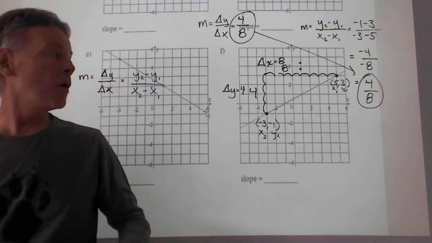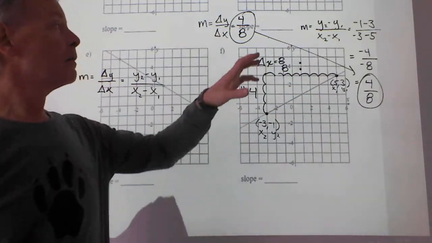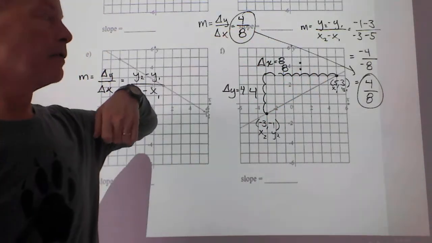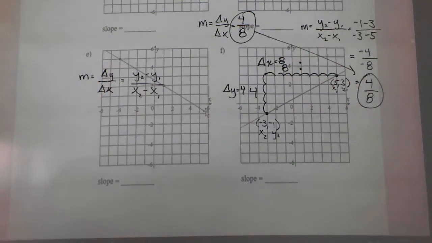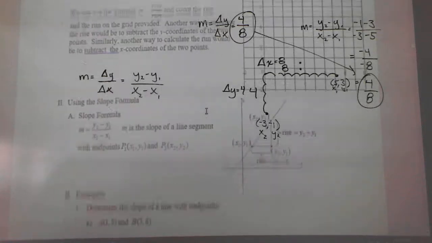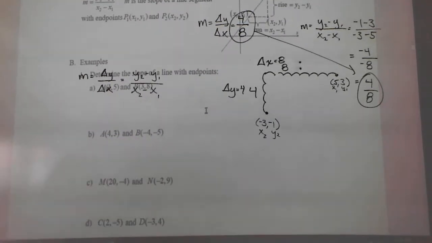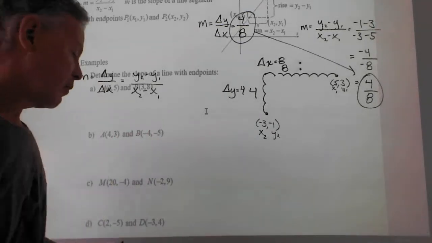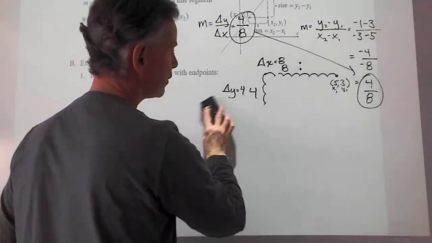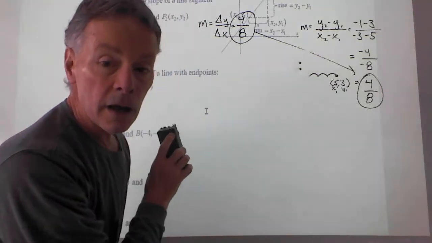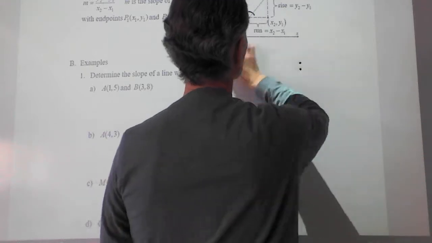Okay? So, when you actually have a graph you can look at, this is probably the easier one to use. If you're just given 2 points on a line, like with these ones, then you've got to use the kind of more drawn out one. So we'll do one of those, and then we're going to call it a day on this, because we're up at 18 minutes already, and I don't want to bore you too much.